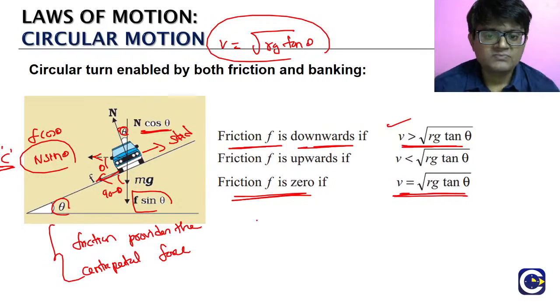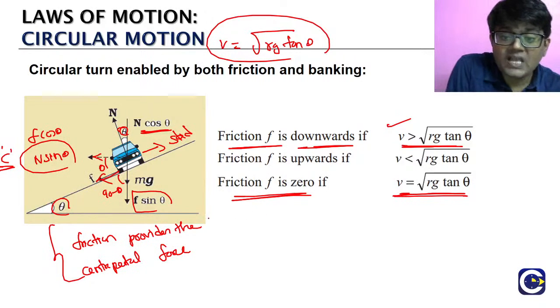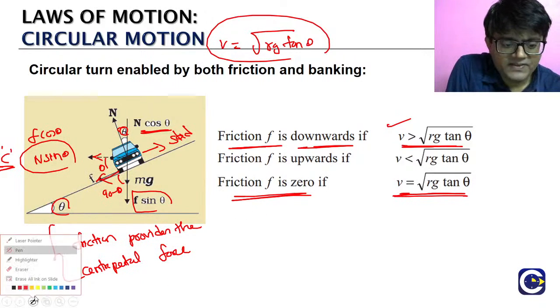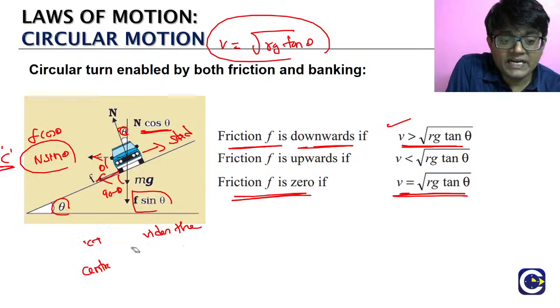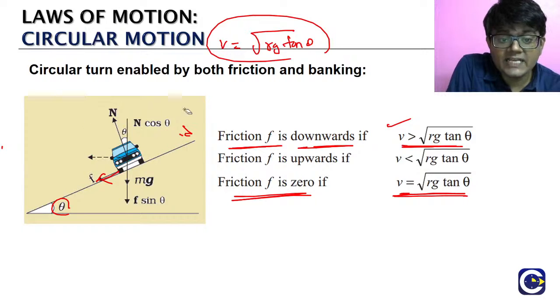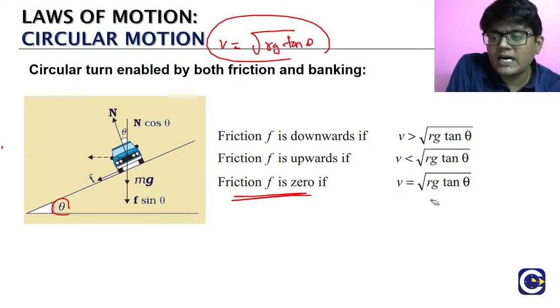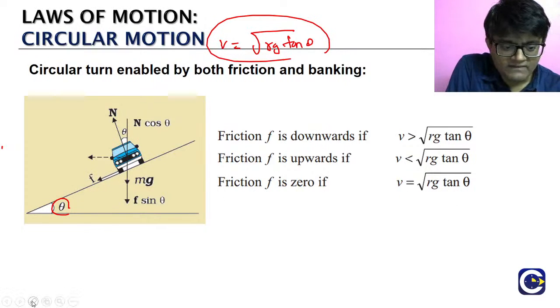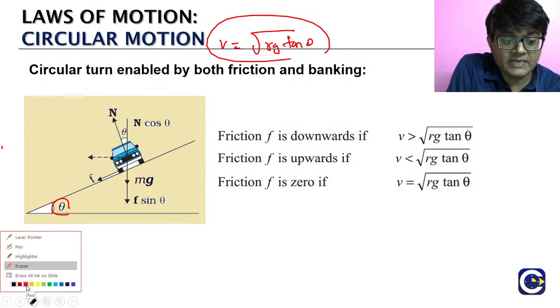Now friction can also act upwards. The friction will be acting upwards when the velocity is less than root rg tan theta. What do we mean by the velocity being less than root rg tan theta?